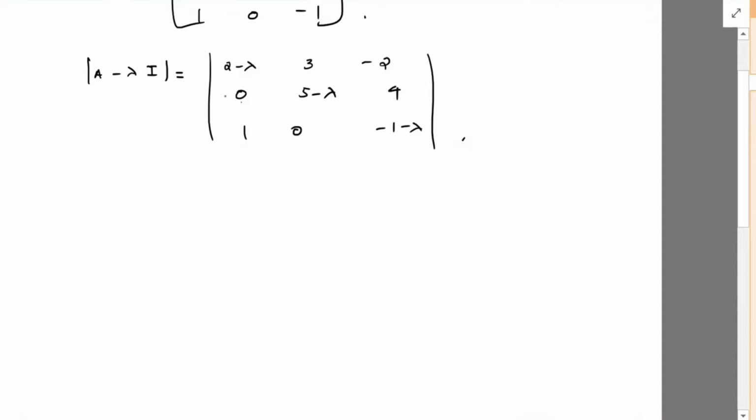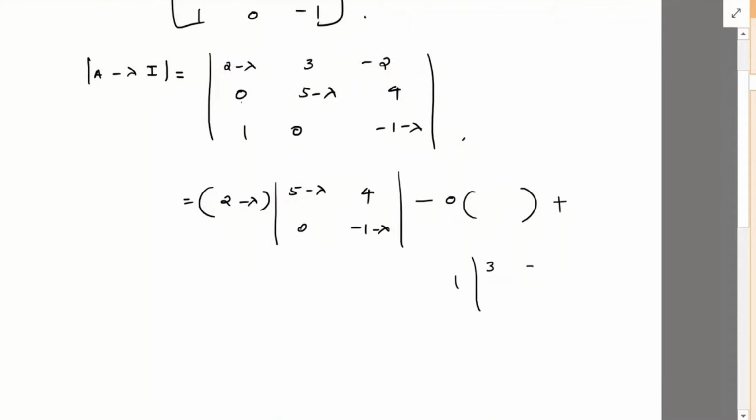So it will be 2 minus lambda into the minor, minus 0 into something, which will anyway be 0, plus 1 into the determinant of 3, minus 2, 5 minus lambda, 4.